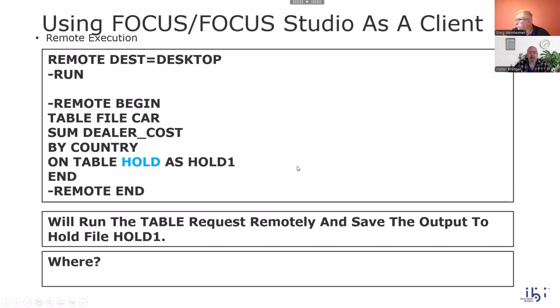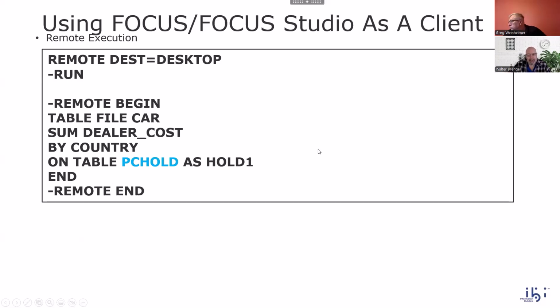In order to transfer it across the wire, I then have to make this a PC hold. So PC hold, if you're used to running on a reporting server, you do your report, you do on-table PC hold, and it shows up in your browser.